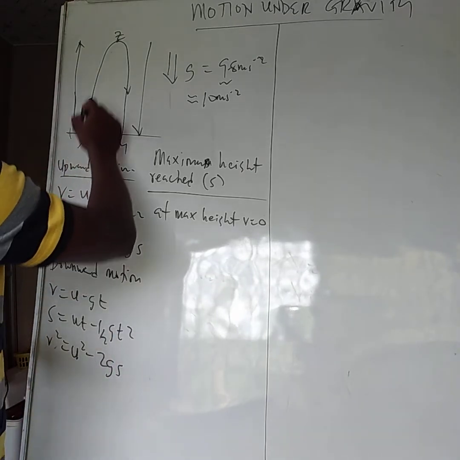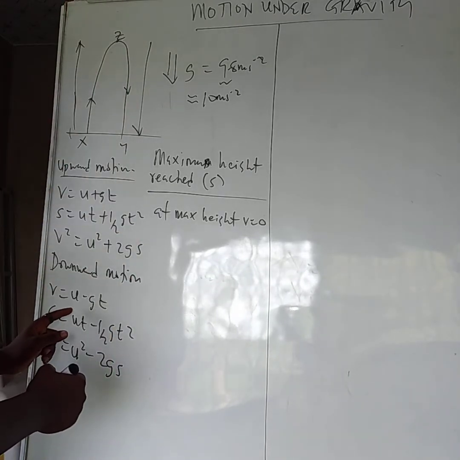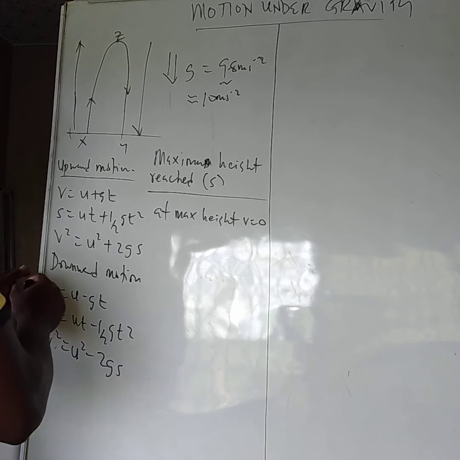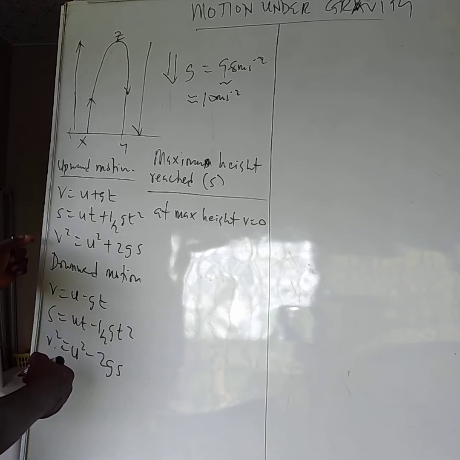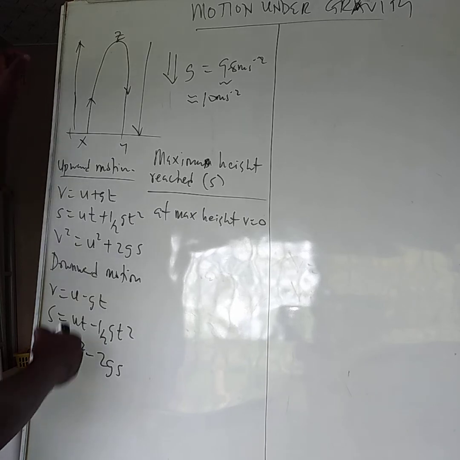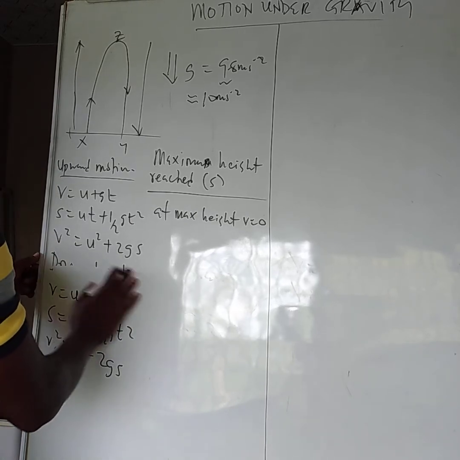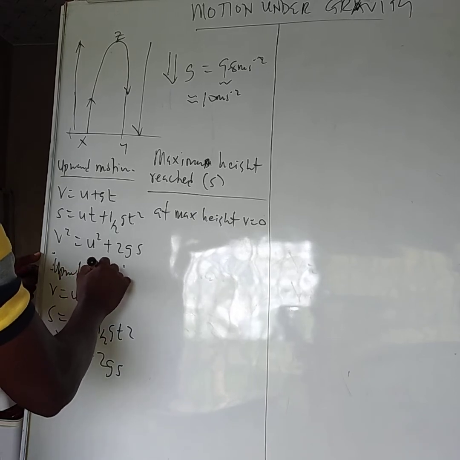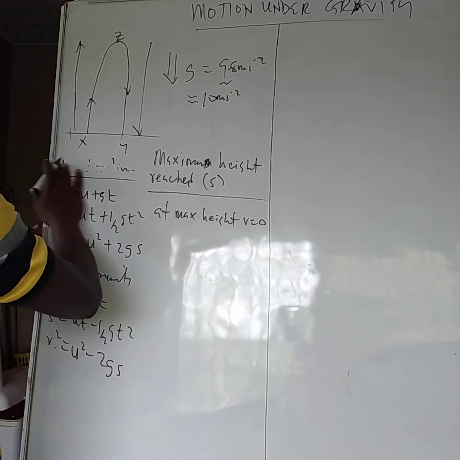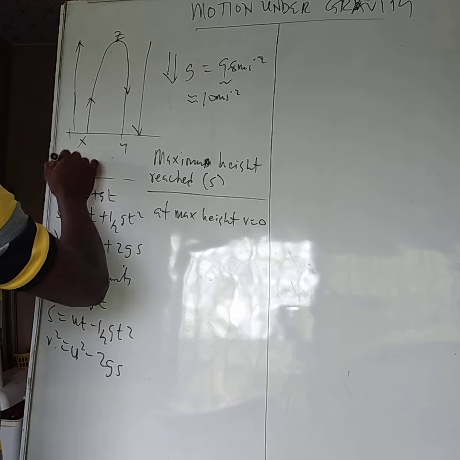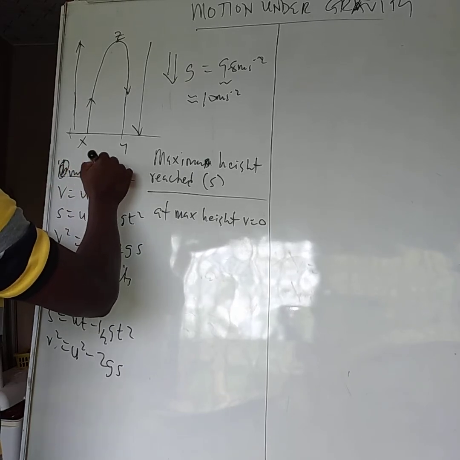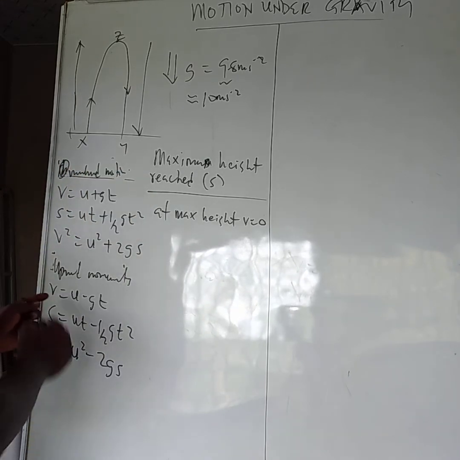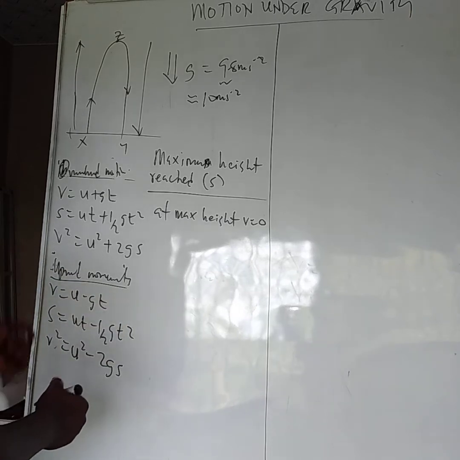And since it is an upward movement, moving against gravity, we are going to use the motion for upward movement. This is upward movement, and this is downward motion.